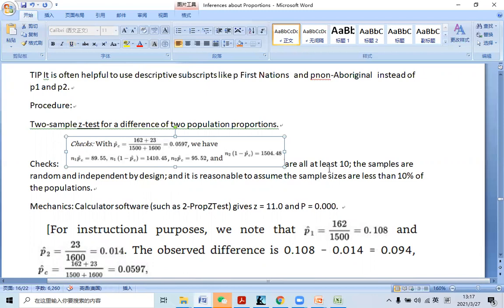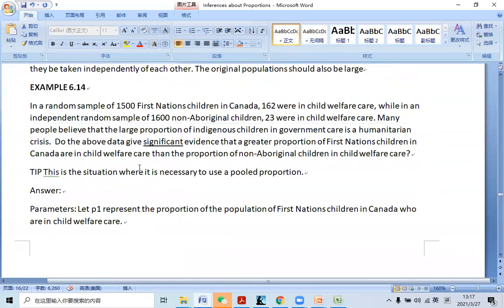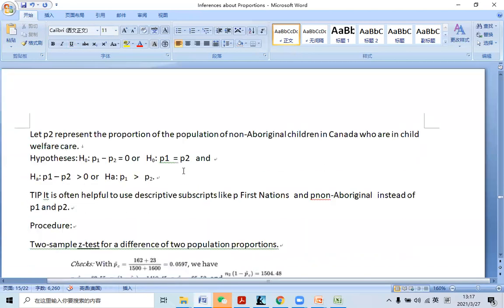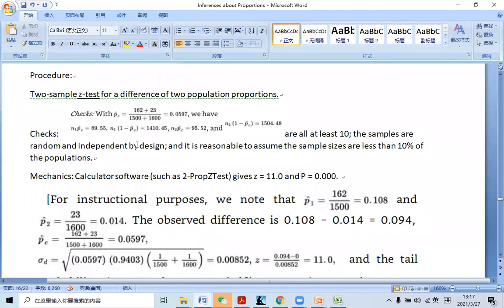The proportions. N1, so what's N1? N1 is 1,500. N2 is 1,600. N1 times proportion 1, that's the percentage of people in childcare.